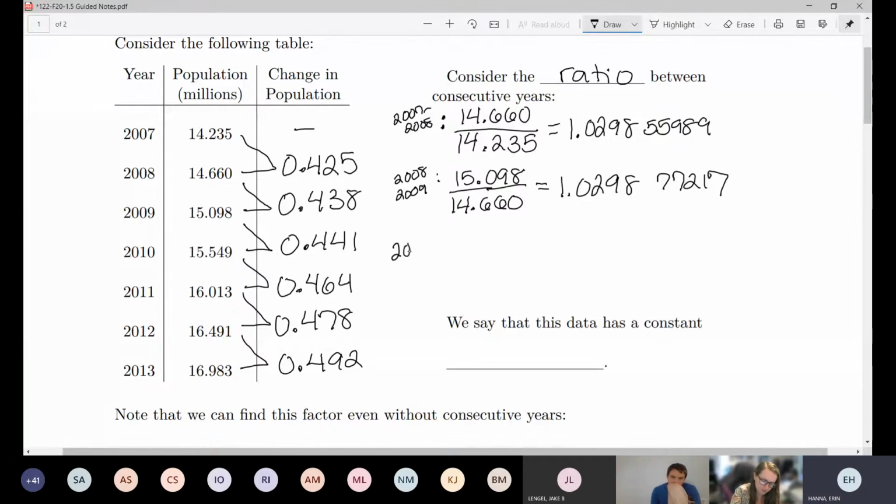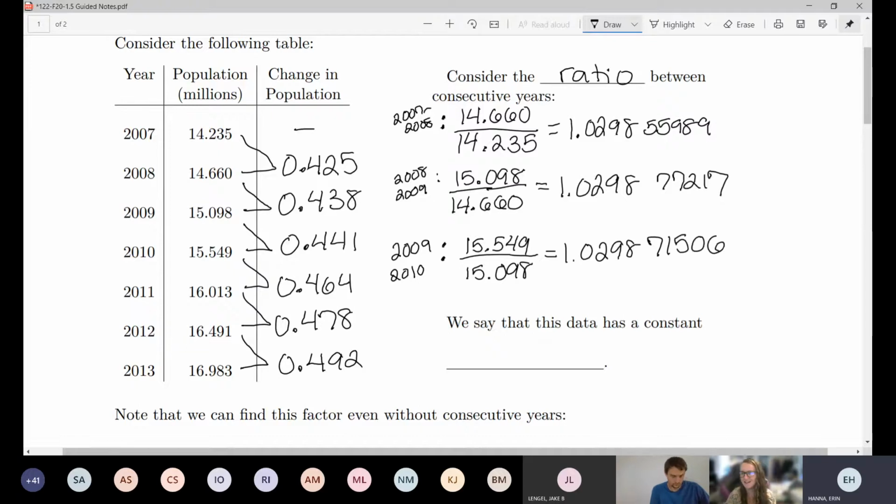And maybe one more, 2009 to 2010. So 15.549 divided by 15.098. It's going to get me the decimal 1.029871506.